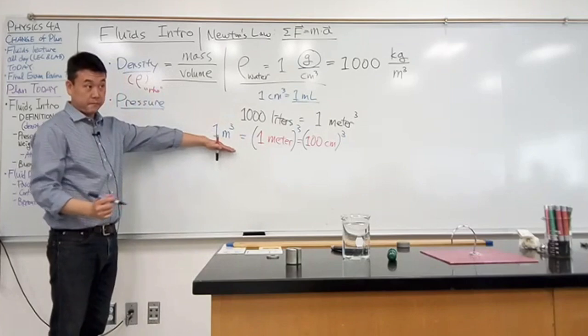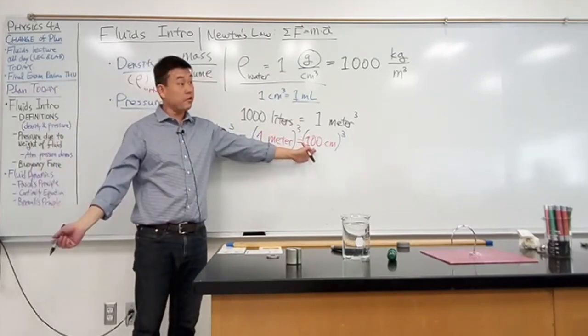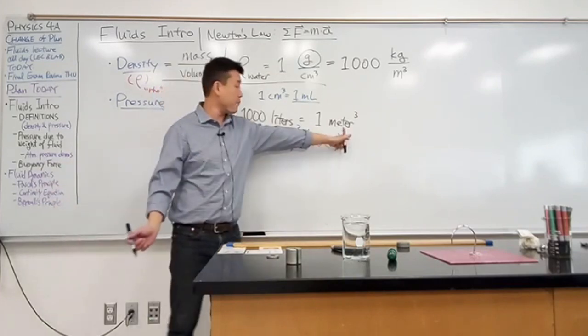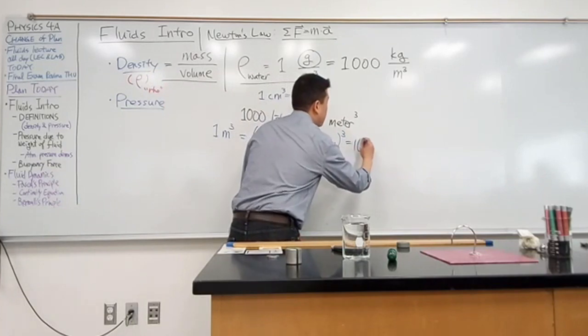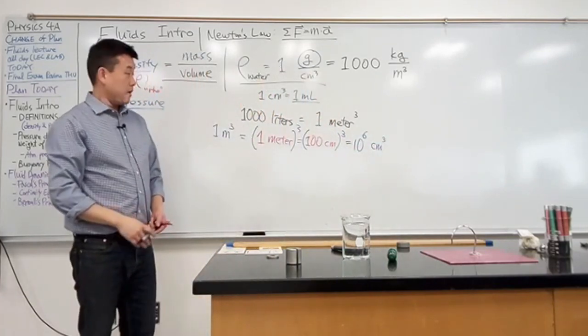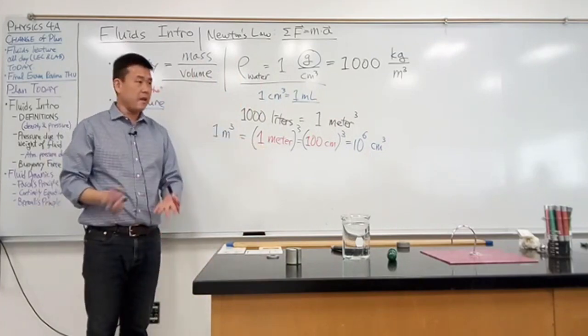That's a cubic meter. The right-hand side becomes 100 cubed. 10 to the power of 2 raised to another power of 3. That's 10 to the power of 6. 10 to the power of 6 centimeter cubed. And so it comes down to a matter of a scaling relationship.